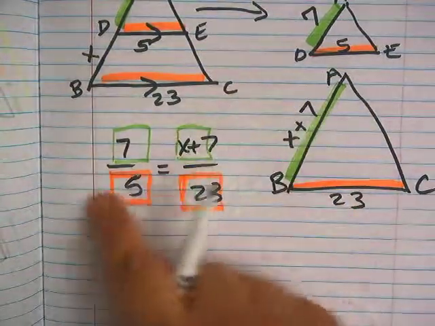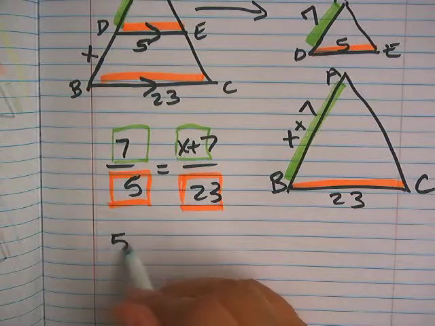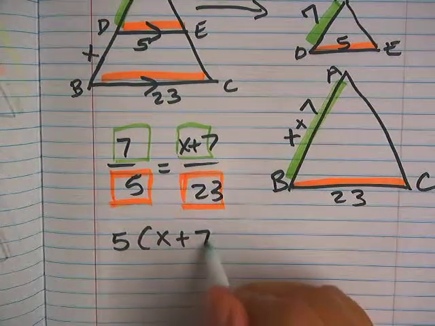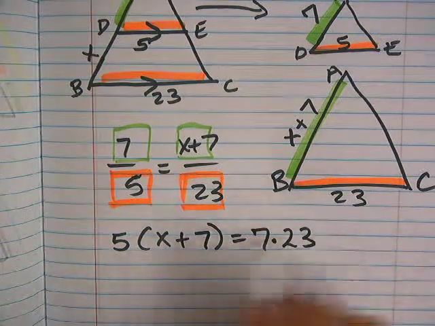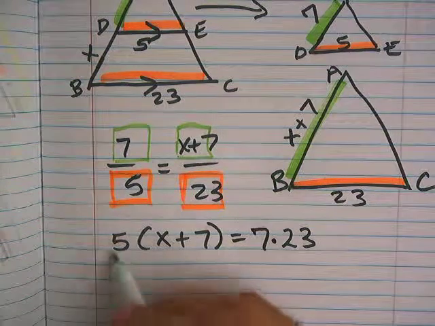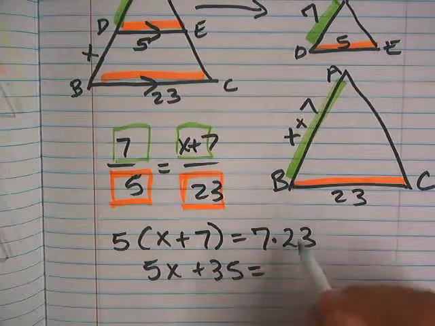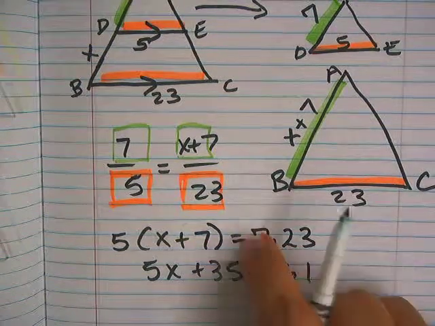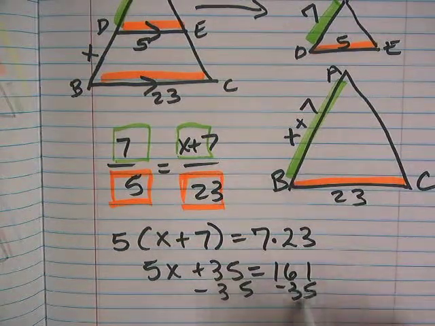And when you have two terms like this, your next step is to cross multiply. We've talked about that already. So you're going to go 5 times X plus 7 equals 7 times 23. A lot of people drop the parentheses and they don't distribute. So I'd go 5x plus 35 equals, what is this, 161 roughly?